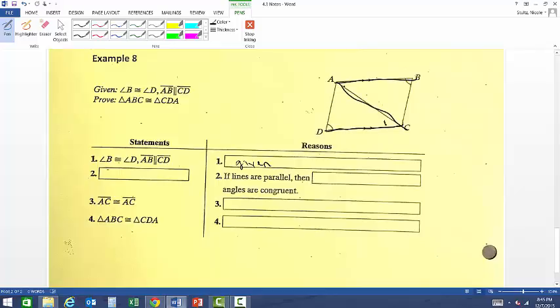So angles 1 and 2 are made using those shaded lines, so they are the angles that are going to be congruent. So we'll write angle 1 is congruent to angle 2. The reason being that if two lines are parallel, then the alternate interior angles are congruent.